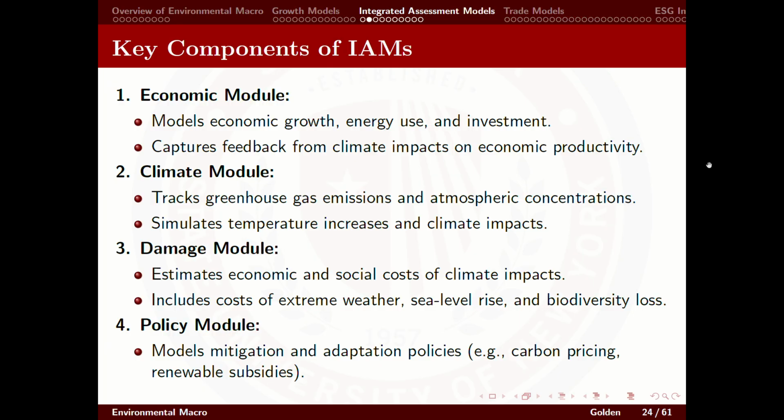I talked about earlier how neoclassical economics doesn't do a great job of dealing with feedback loops, and how new work in environmental economics tries to work on this front. Integrated assessment models are where that's really happening, where you're thinking about how climate change branches out and affects the economy, and how the economy can affect climate policy.